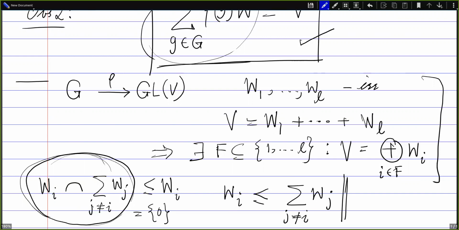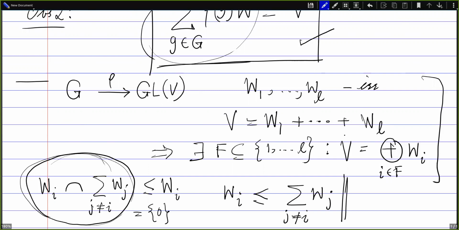We proceed for W2 and perform the same check. If the intersection is trivial, then we will go ahead to W3. That's how we will go. So if it happens that from W1 up to WL, each of them passes the test, in the sense that none of them is contained in the sum of the others, then indeed this sum will be direct by definition.